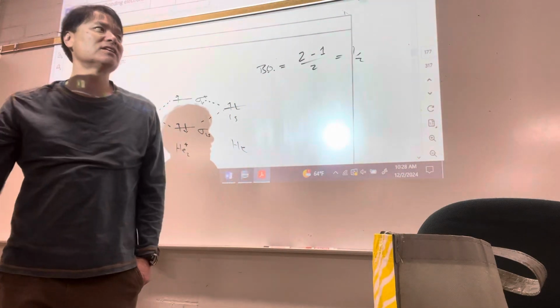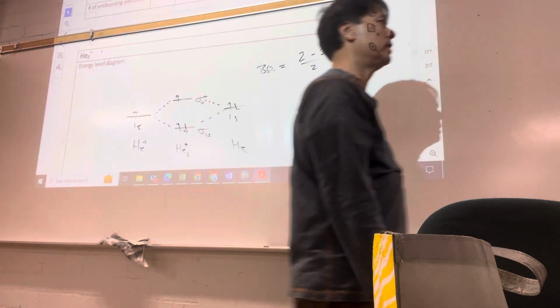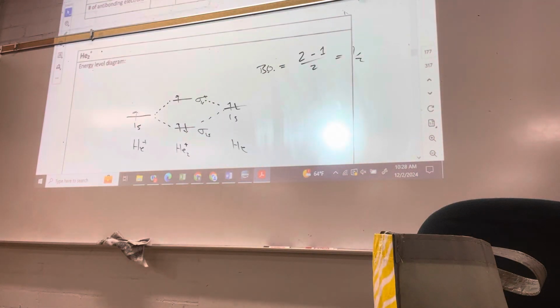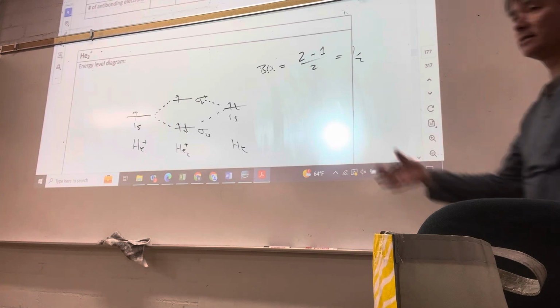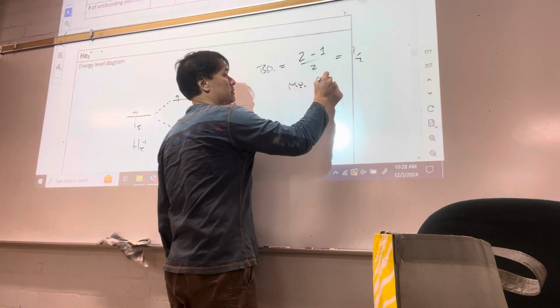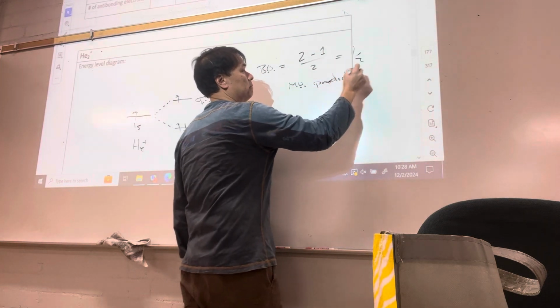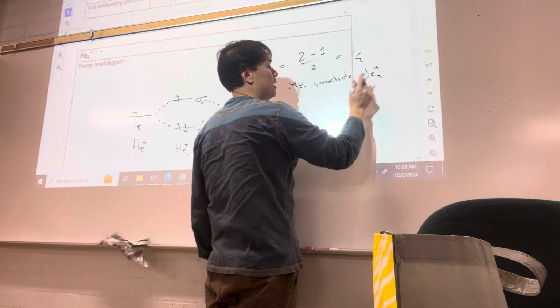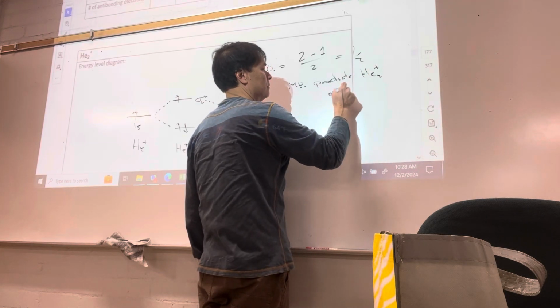Valence bond predicts He2 plus does not exist. MO predicts it exists, it just has a weak bond. MO predicts He2 plus exists.